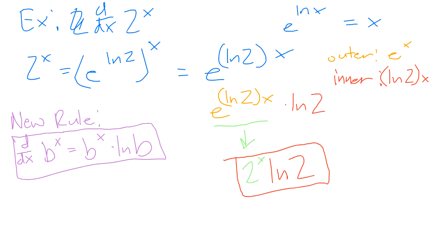So that way, if we have anything down there, we can just translate it. For example, if it was 8 to the x, we would be left with 8 to the x times natural log of 8. If it was 72, you would just plug in 72 for b. We can use that for any constant that we ever need to.